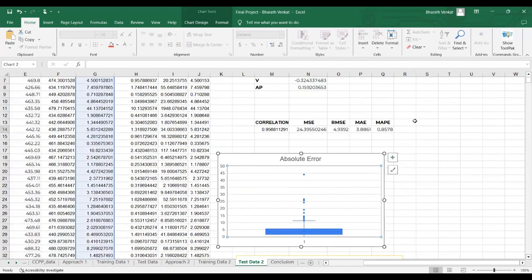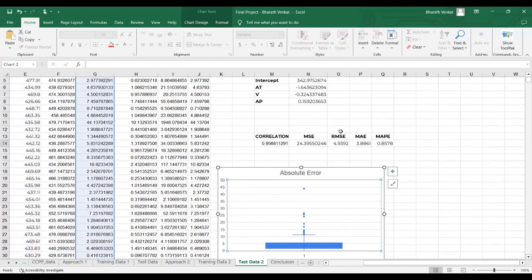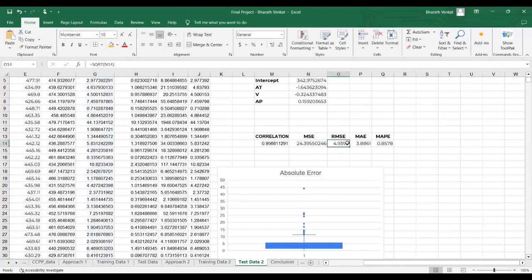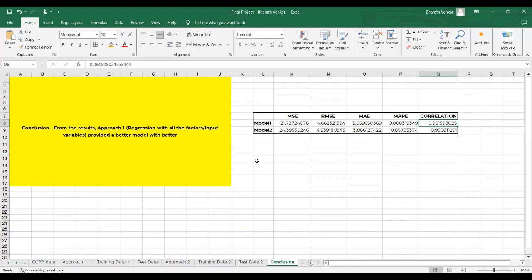Okay, let's take a look at how these two models stack up. The root mean square error is a little larger here compared to the first model, and the mean absolute error and the mean absolute percentage error are also a little higher compared to the other model. So finally, going to the conclusion.